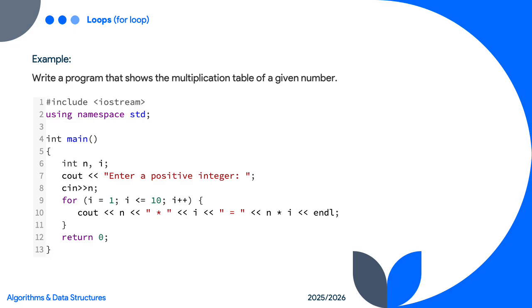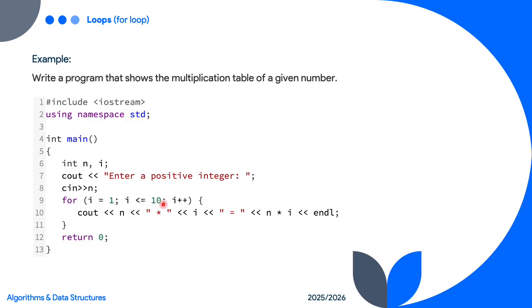Let's take a simple example. Write a program that shows the multiplication table of a given number. First, we ask the user to enter a number here. After, we use a for loop. The initialization here is i equal to 1. The condition that should be true to continue the execution of the body of the loop is that i should be less than or equal to 10, because the multiplication table ends exactly at 10.